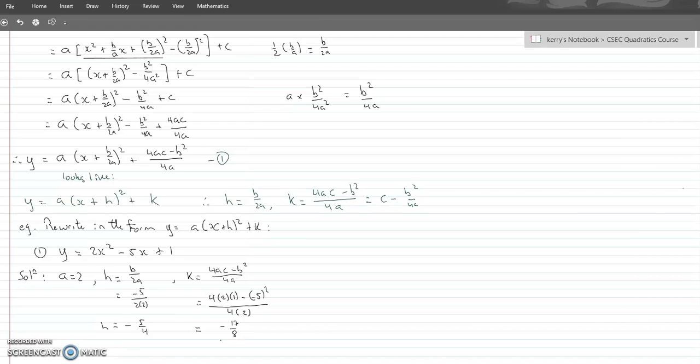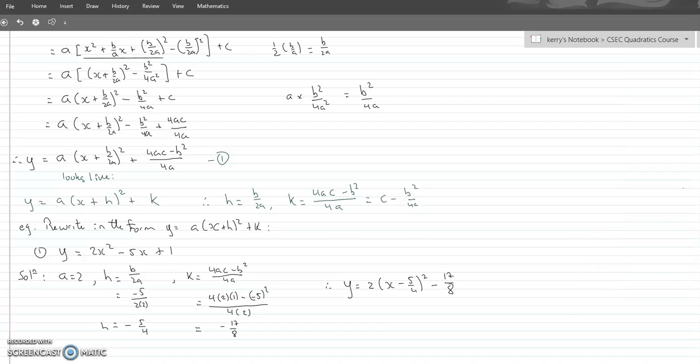And we're done. Look, we have a, h, and k. So therefore, this written in vertex form is y is equal to a, which is 2, into x plus h, x minus 5 over 4 squared, plus k, which is minus 17 on 8. a, h, k. And that's it.